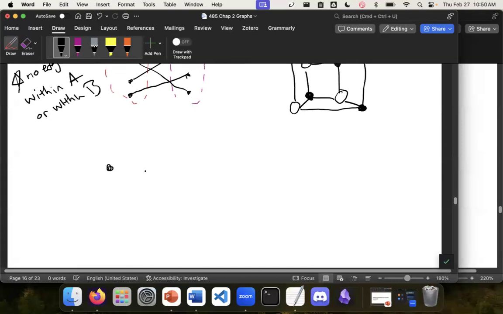But we've seen a bipartite graph before. That's the three utilities problem, right? Something like that.